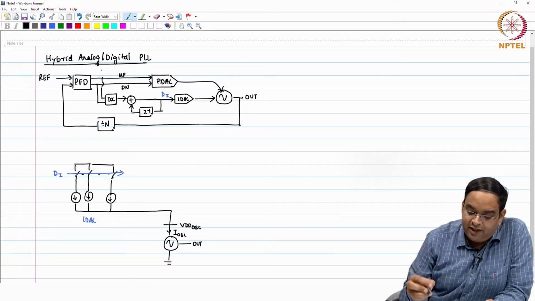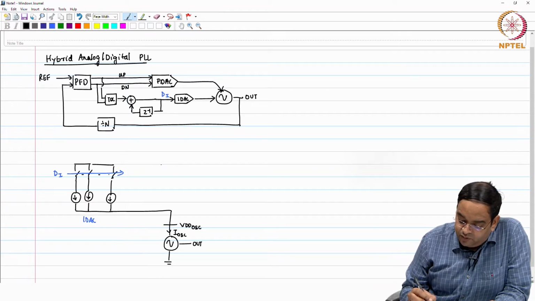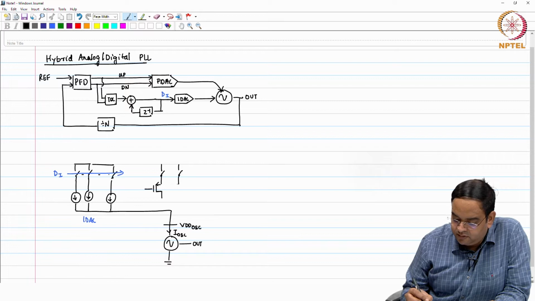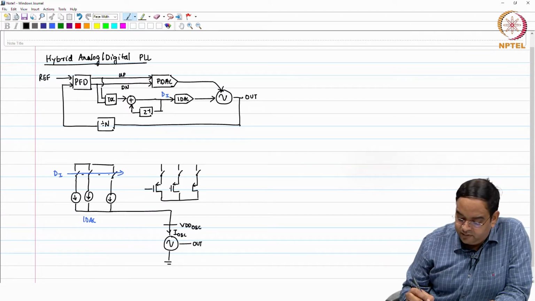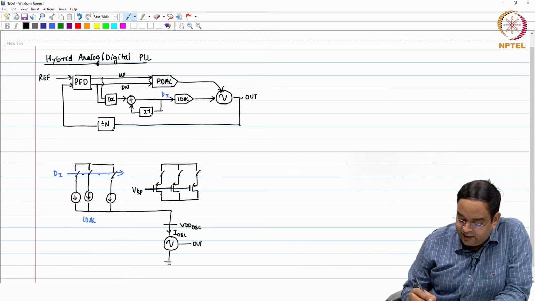Now, with respect to up and down signals, the way we can control these current sources is, consider that you have these 3 switches here, and all are biased with a certain bias voltage, such that when the switch is closed, the current in each branch is I bandwidth.